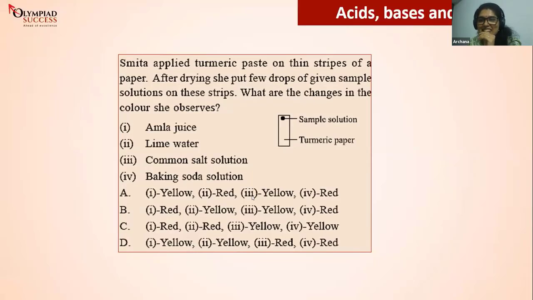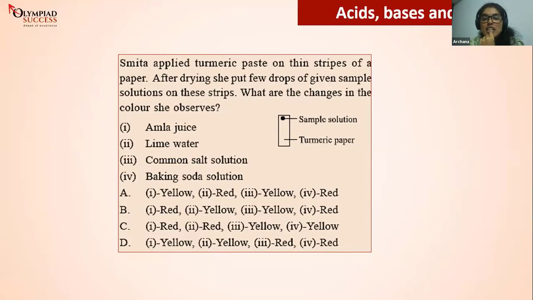Yes, it's D. Yeah, why? Because amla juice contains acid, so it will turn yellow. That's right, Devesh. What about lime water? Is lime water acidic or basic? I just discussed this. It is not lemon. Lemon is not the term which is given here.